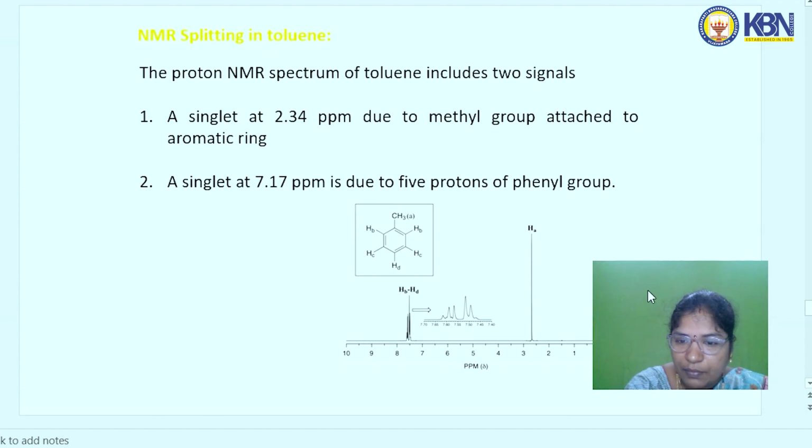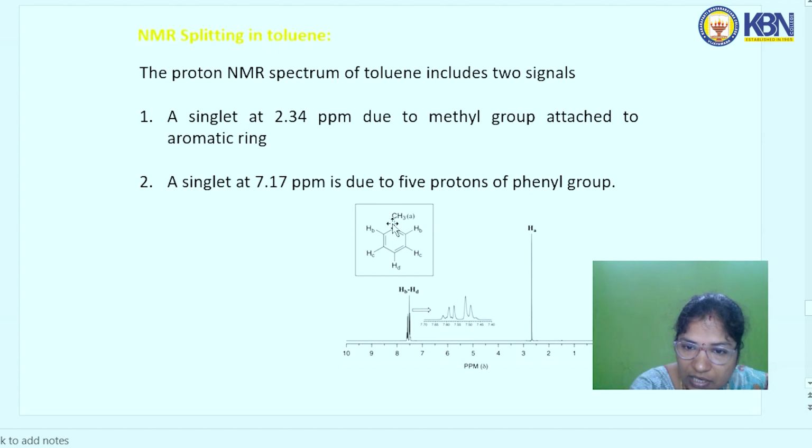NMR spectrum of simple toluene. The spectrum includes a singlet at 2.34 ppm due to the methyl group attached to the aromatic ring. We know the molecular formula of benzene is C6H6. Here a hydrogen is replaced by the methyl group, so no hydrogens are present on this carbon.